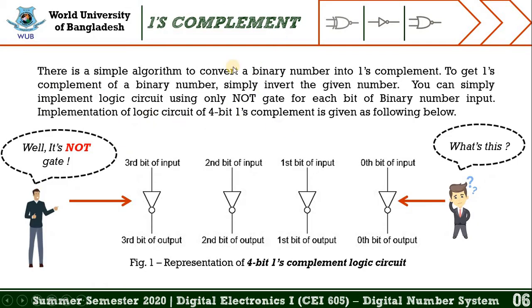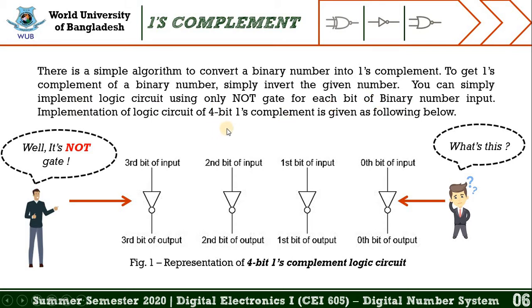Next, from this slide you may learn what is ones complement. So let's start. There is a simple algorithm to convert a binary number into ones complement. To get ones complement of a binary number, simply invert the given number. You can simply implement a logic circuit using a NOT gate for each bit of the binary number input.